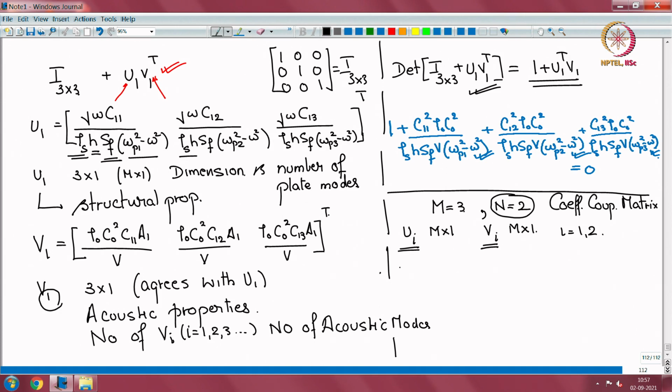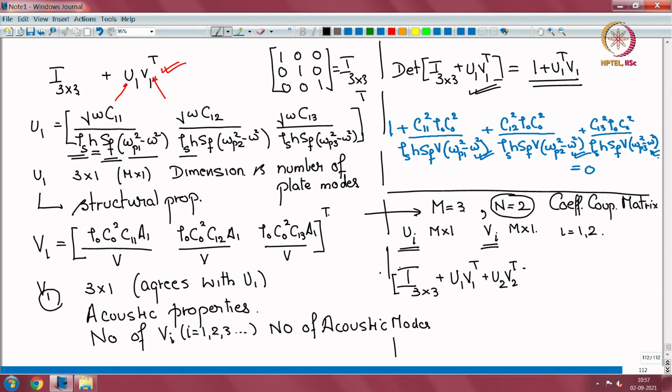So whenever I refer to that, how does this coupling matrix look for this situation of 3 panel modes and 2 acoustic modes? It can be written as I, of course 3 comma 3, plus U1 V1 transpose plus U2 V2 transpose.